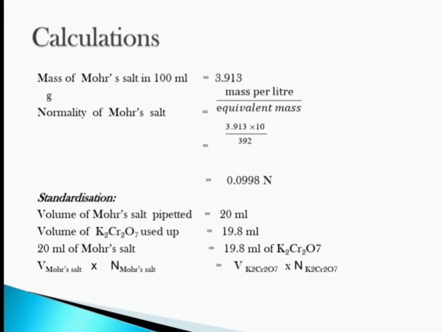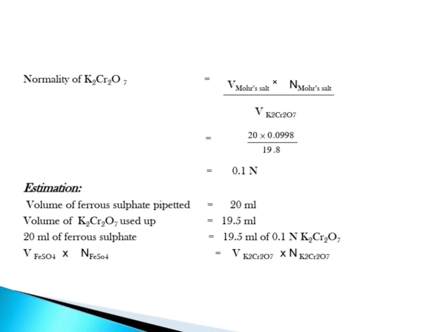So, here the unknown is normality of K2Cr2O7, which can be found by rearranging the equation as normality of K2Cr2O7 is equal to volume of Mohr's salt multiplied by normality of Mohr's salt divided by volume of K2Cr2O7. Substituting volume of Mohr's salt as 20 ml, normality of Mohr's salt as 0.0998, divided by volume of K2Cr2O7, 90.8, we get normality of K2Cr2O7 as 0.1 normal.